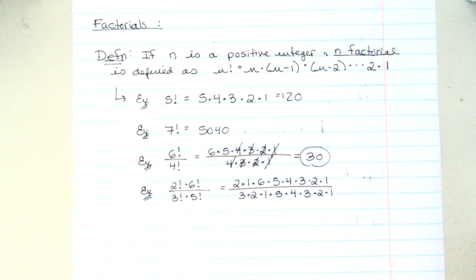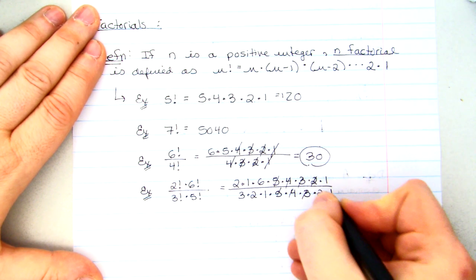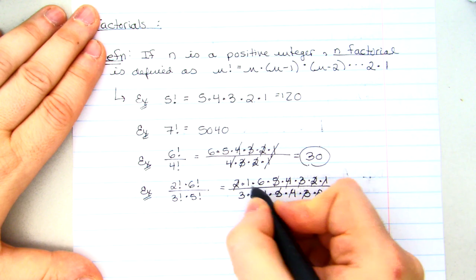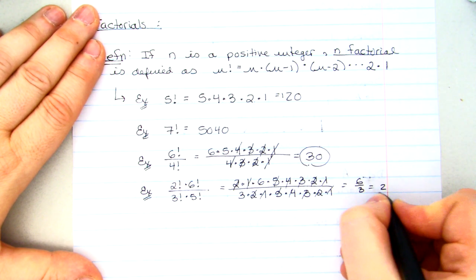Who's got an answer they can share? Jack? 2? Yeah, I think so. Okay, so the 6 is going to stay, 5, 4, 3, 2, 1. The 2 and the 1 are going to go. You're just getting 6 over 3. You're getting 2.